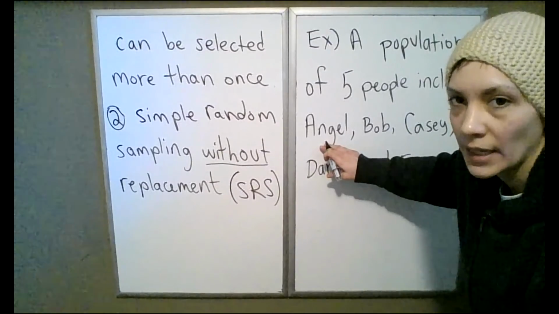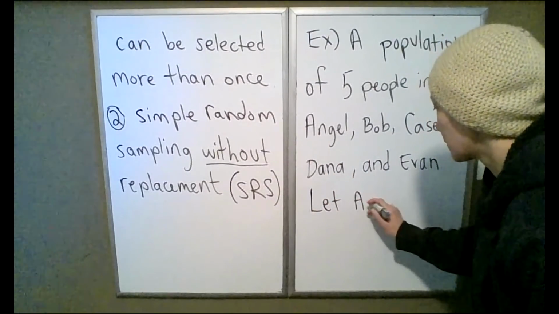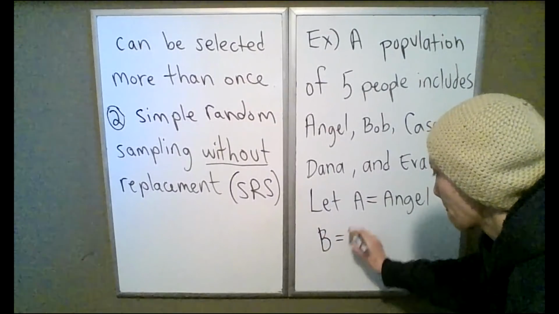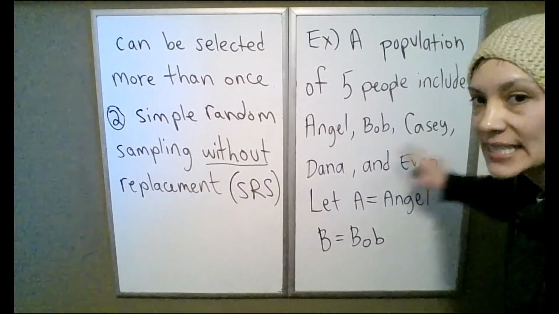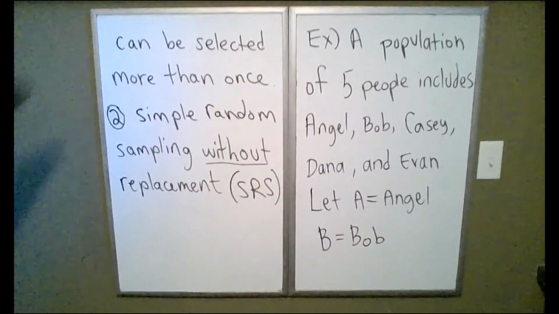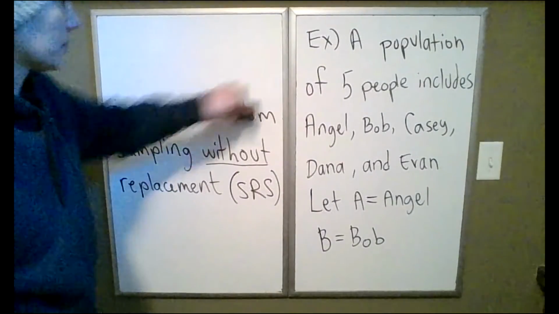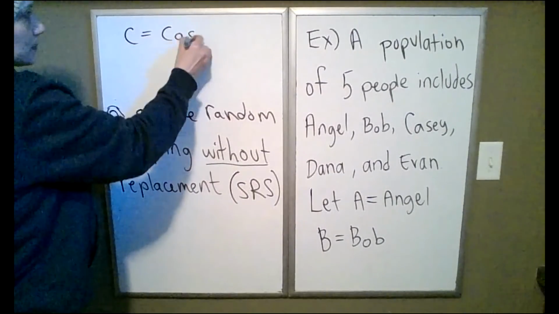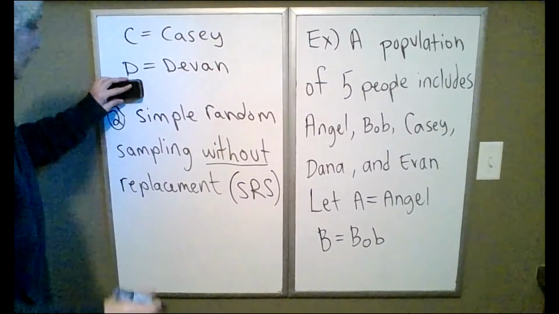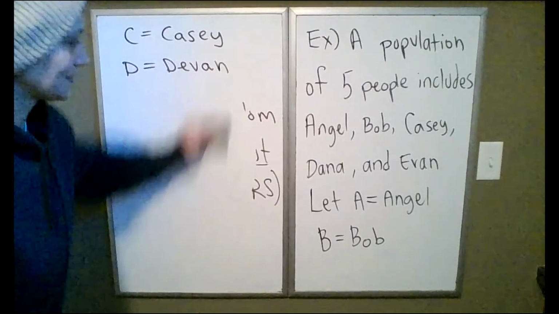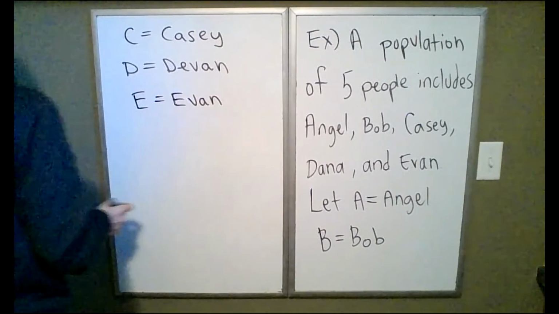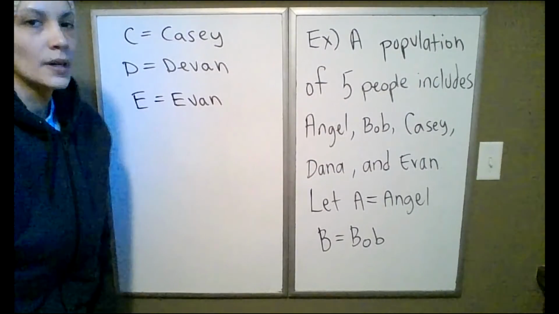Let A represent Angel. Use B for Bob. C for Casey, D for Dana, E for Evan.